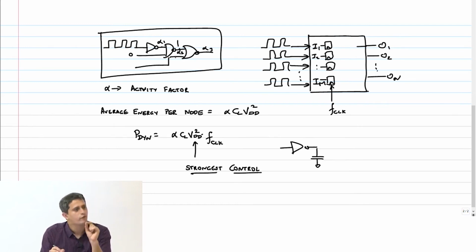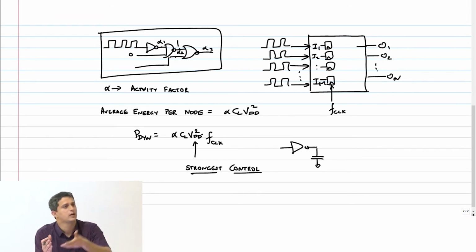Then for each of them, it's going to happen at alpha CL VDD squared times f. Any questions here? During steady state, the dynamic power is not even defined, because the capacitor is just holding charge and is being driven to either VDD or ground, no problem. Any questions on dynamic power?